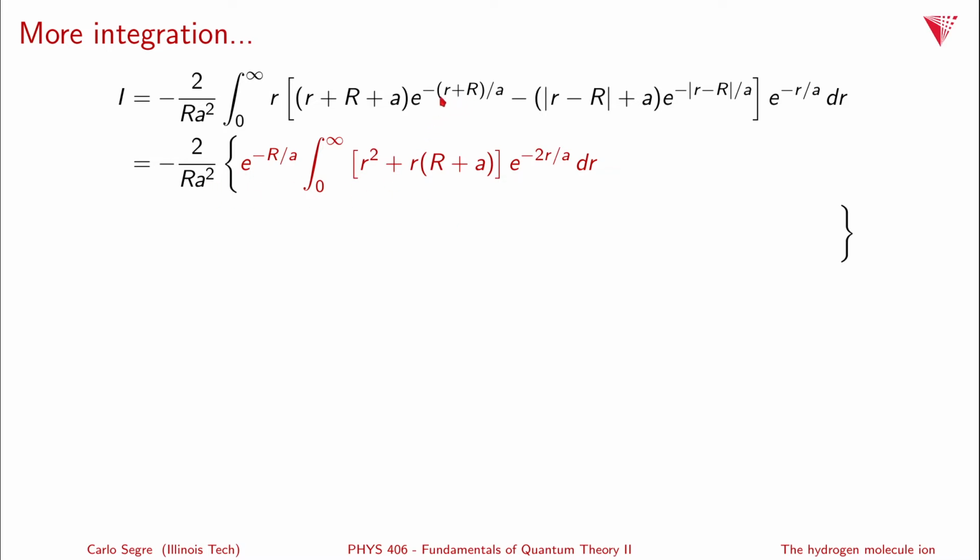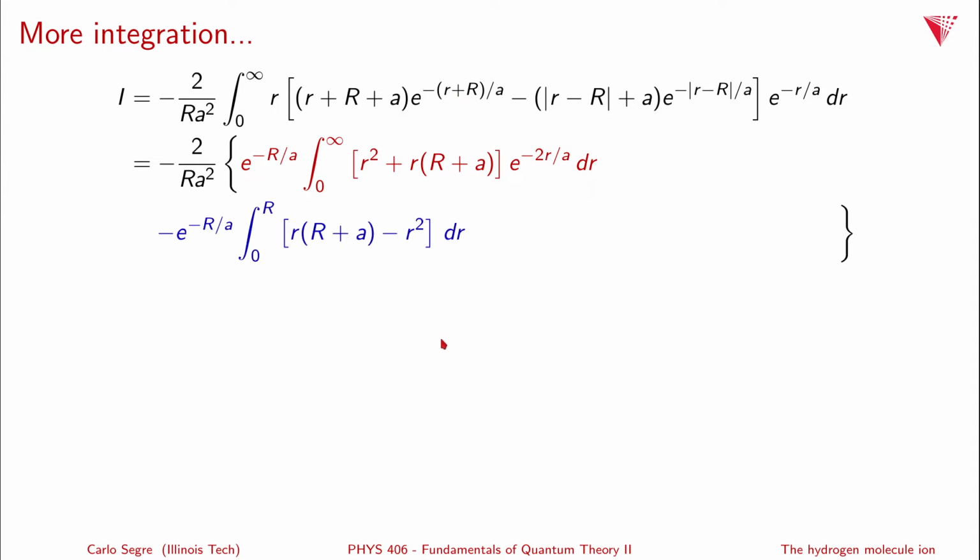We can first take out the e to the minus capital R over a. That factors out. Then we have an integral from 0 to infinity of r squared plus r times r capital R plus a, e to the minus 2r over a. That's from this term here and this term here, with the factored out term here.